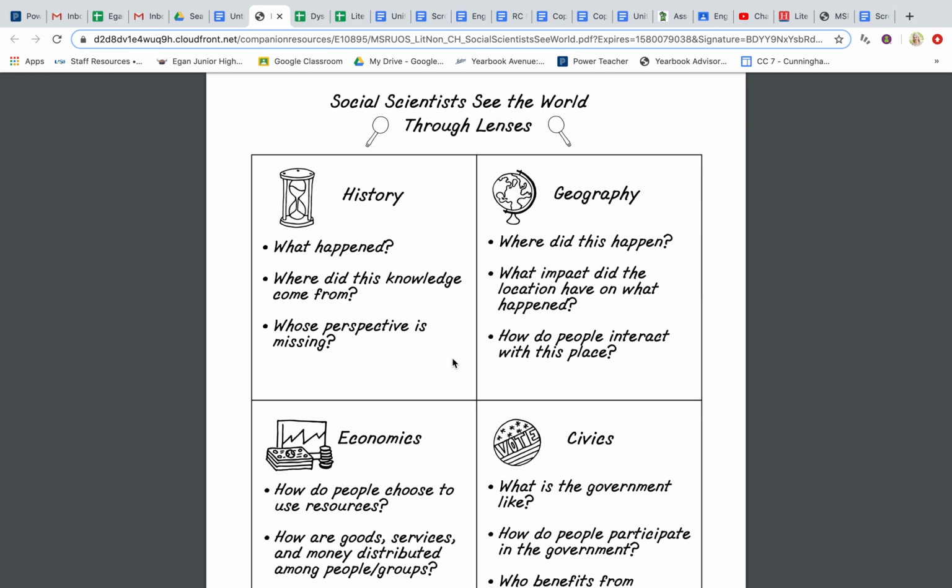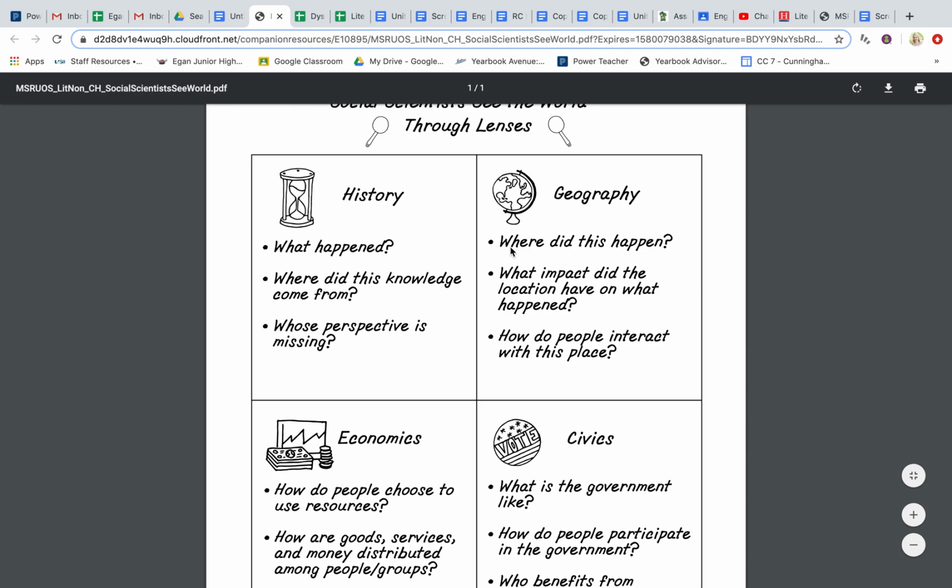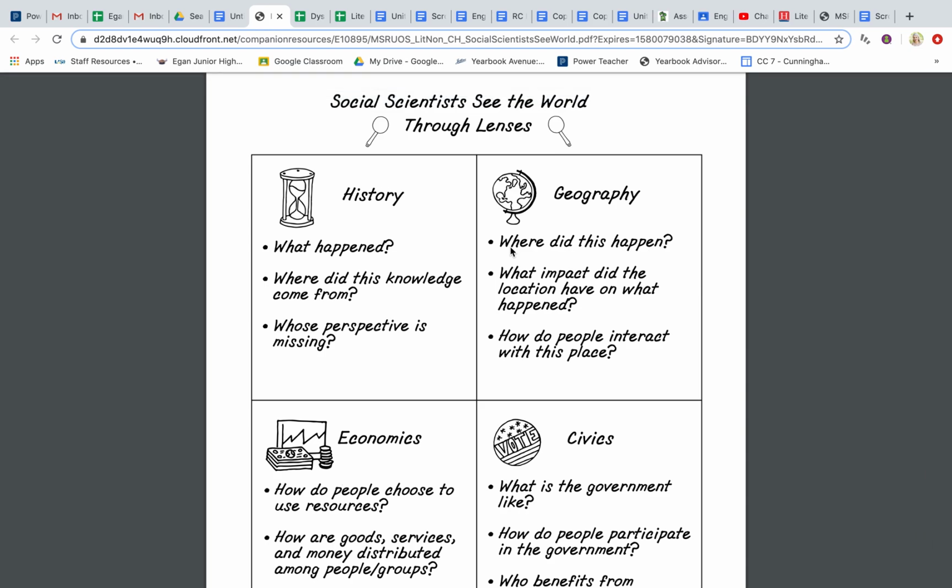They tend to go hand in hand, and they tend to have implications for one another. So just being aware of where things are happening can be really important. And how do people interact with this place? It's definitely going to be different depending on where the events are happening. So that's the geography box.